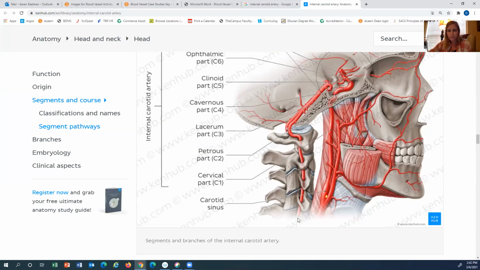And so your vertebral arteries come up in those holes in the cervical vertebra. One of the things we learned about cervical vertebra is they were easy to identify because their transverse processes had those holes in them, whereas the thoracics and lumbars did not, and that was to carry the vertebral artery up the neck.